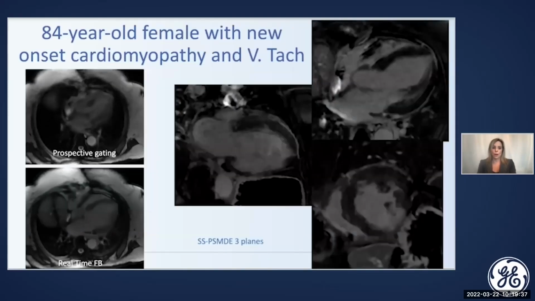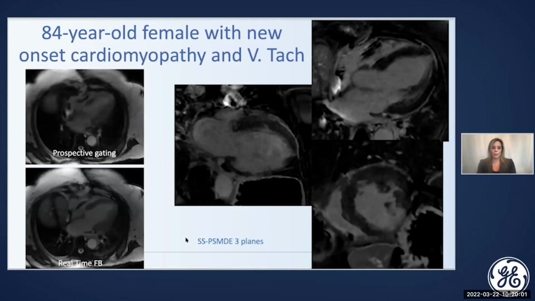This is an example of an 84-year-old female with new onset cardiomyopathy and ventricular tachycardia. You can see on the left that we really struggled with our functional imaging. This patient has an ICD. You can see some susceptibility in the right ventricle, but we really struggled secondary to her arrhythmia as well as difficulty breath holding.